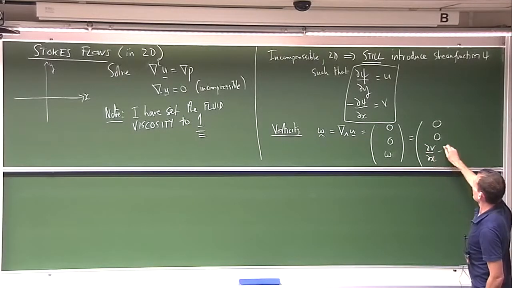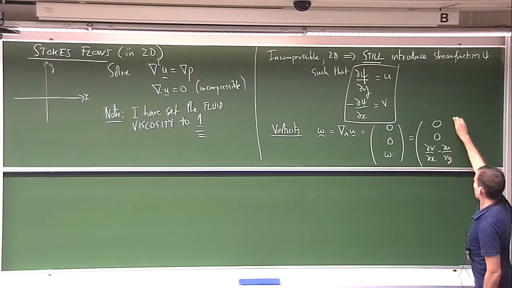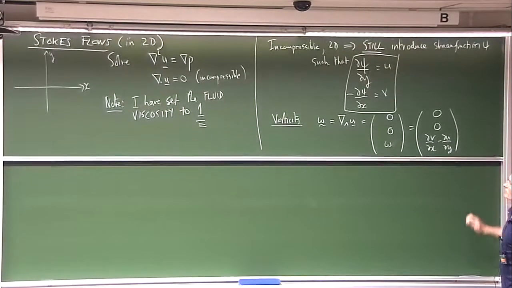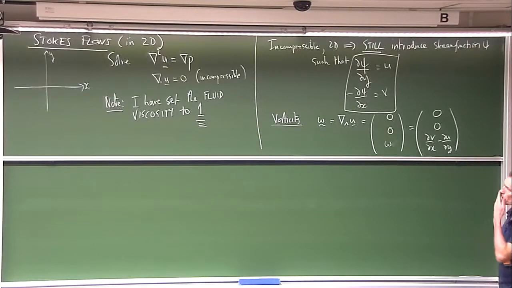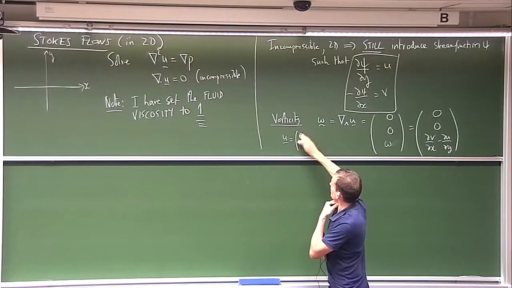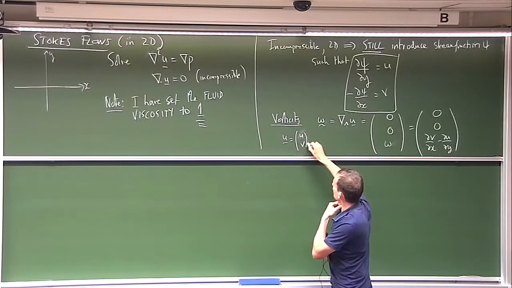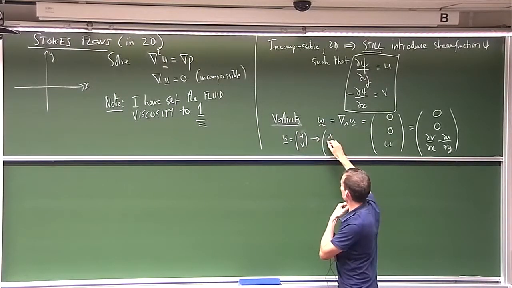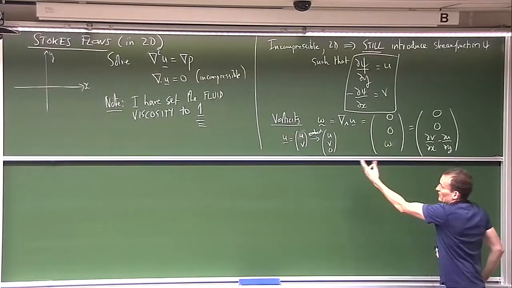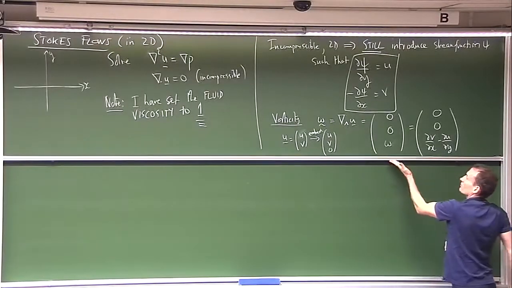Which is this. Okay? U, by the way, is (u, v), but we're kind of embedding it in (u, v, 0). That's what we're really doing here. We don't need to actually do it, we're just thinking of it like that.